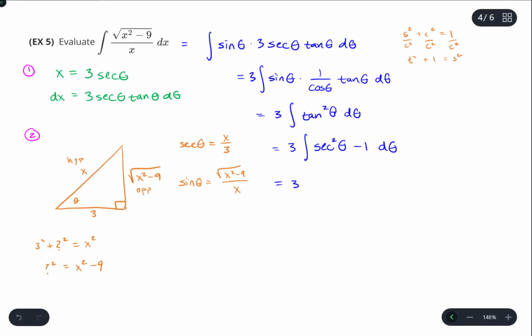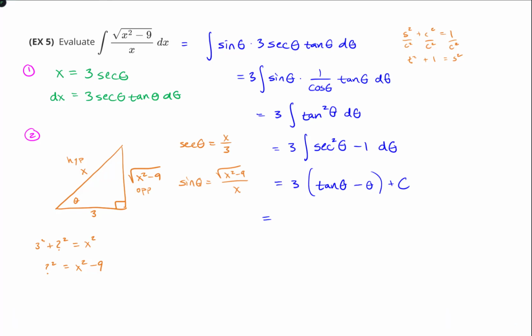So this would be 3 times the integral of, well, let me do it this way. The derivative of tangent is secant squared, so the integral of secant squared is just tangent. The integral of 1 becomes theta. So now I just need to replace back tangent theta and theta itself.